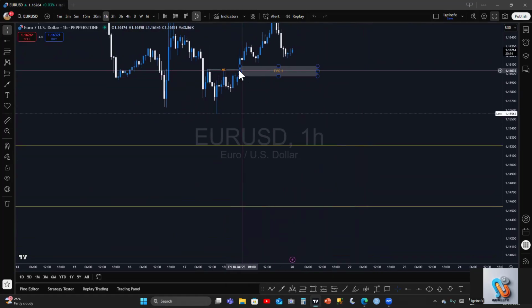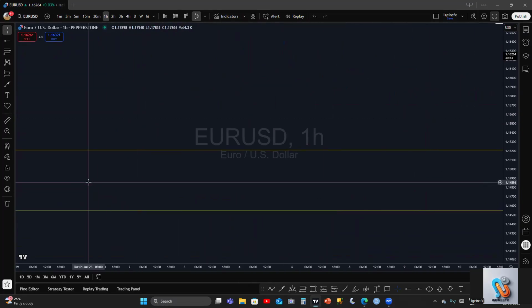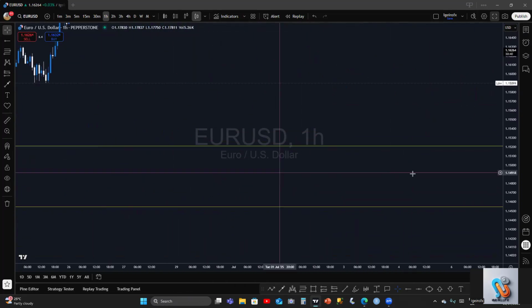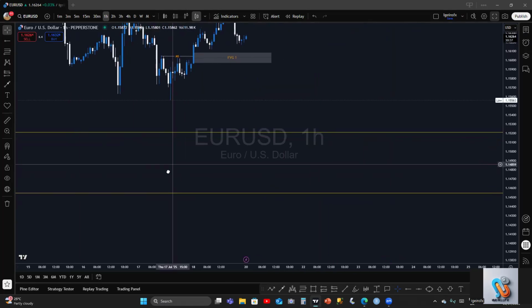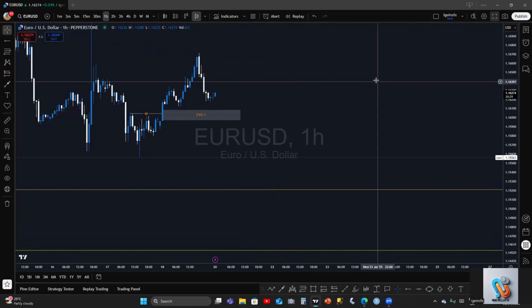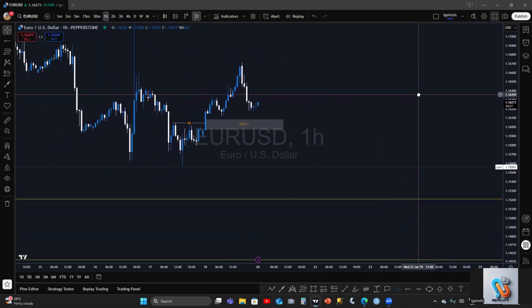If it eventually breaks below this point, that means it's going to clear out this point, come down here, interact with this FVG that is present here, before price action will now start going to the upside. So that is that for EURUSD.